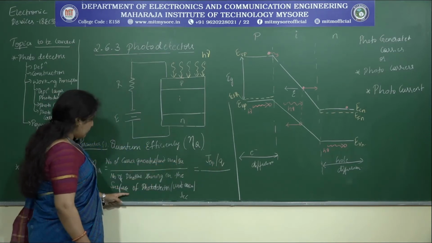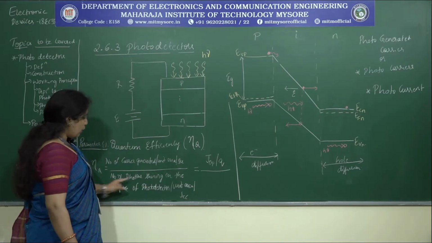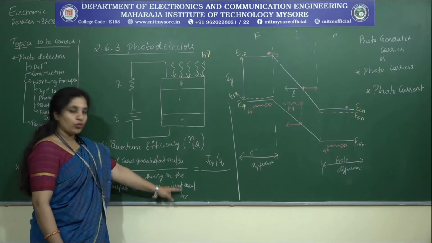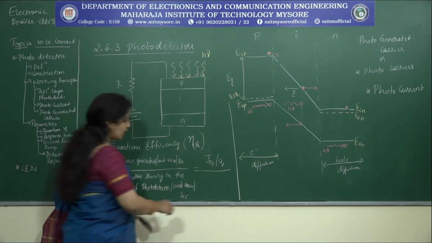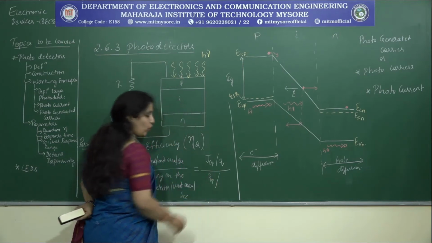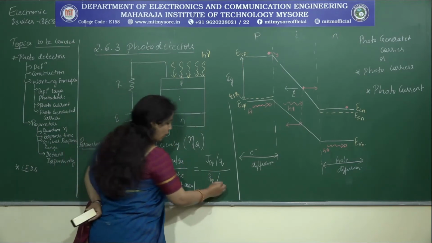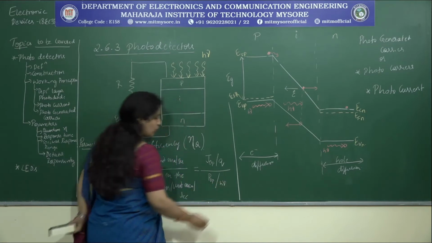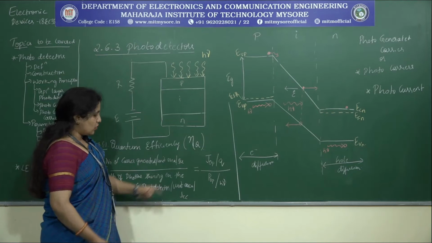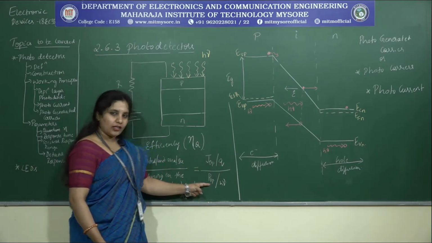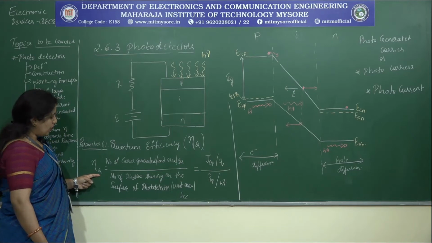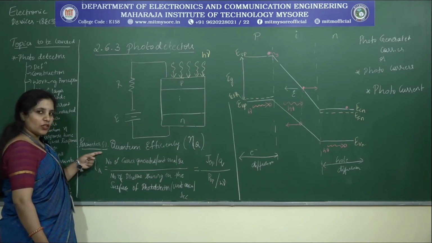Now, the second factor, the number of photons shining on the surface of the photodetector per unit area per second, is given by the optical power upon the surface divided by h nu, that is the energy with which the photon is incident. So, this defines the quantum efficiency. I hope all of you understood this first parameter.